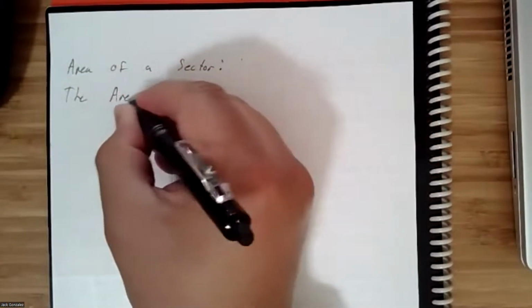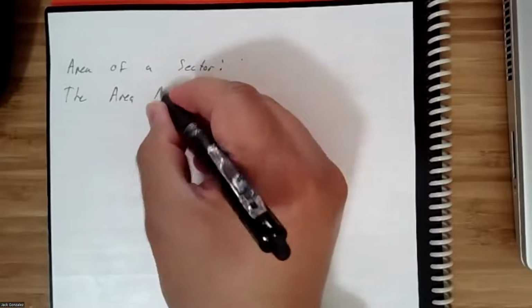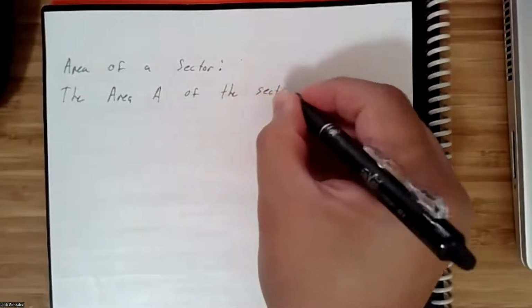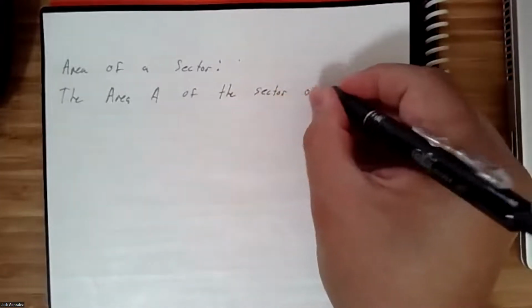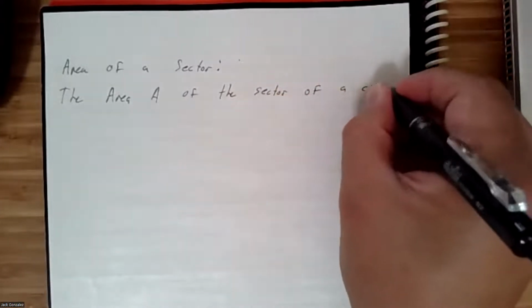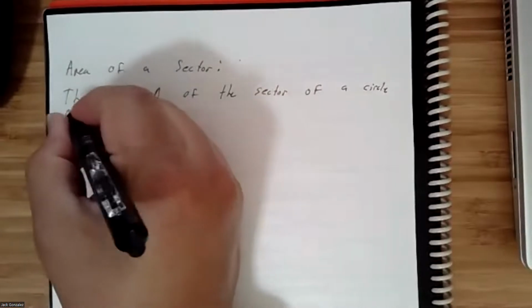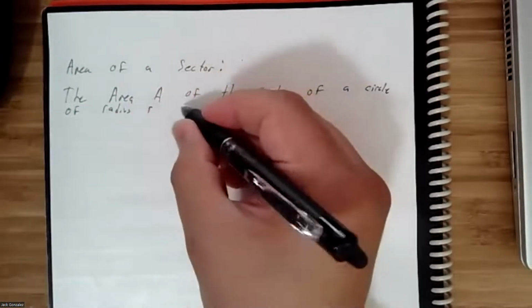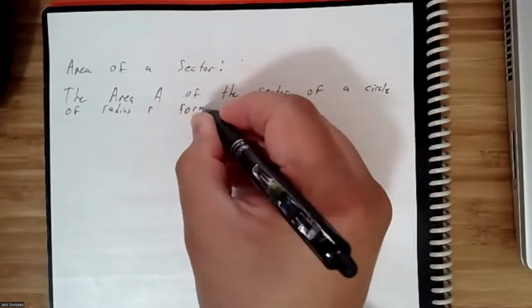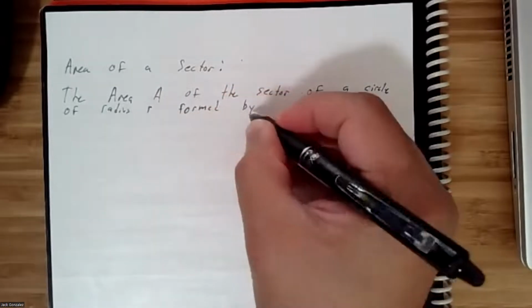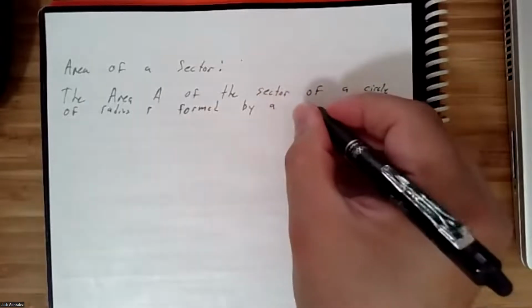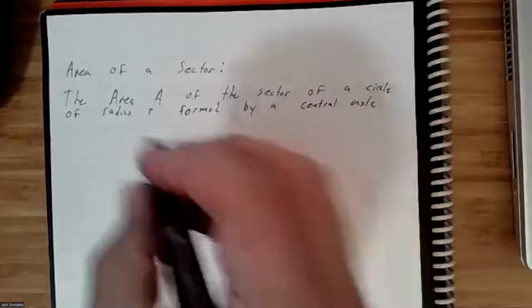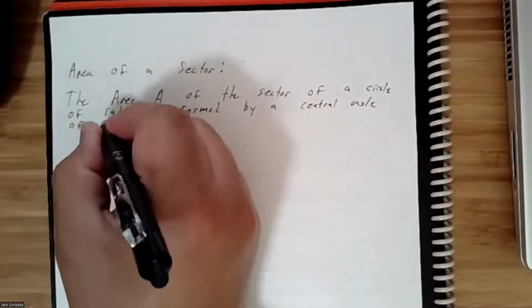The area A of the sector of a circle of radius r formed by a central angle of theta radians.